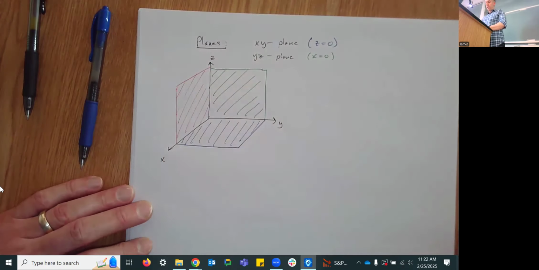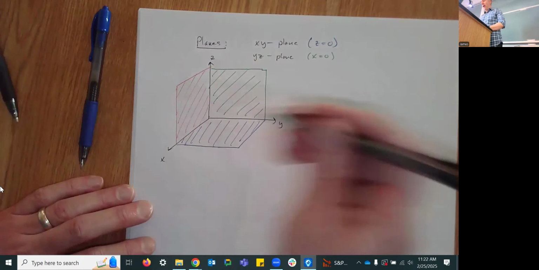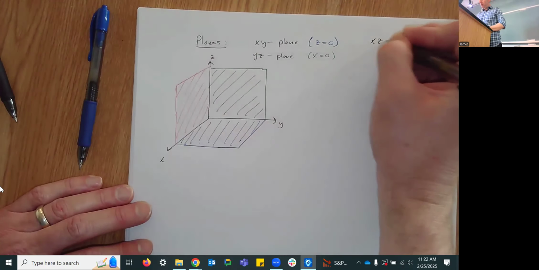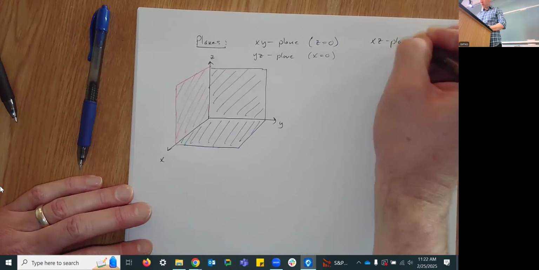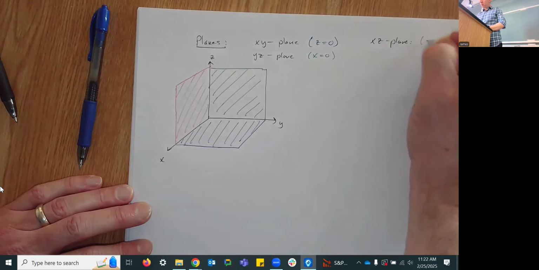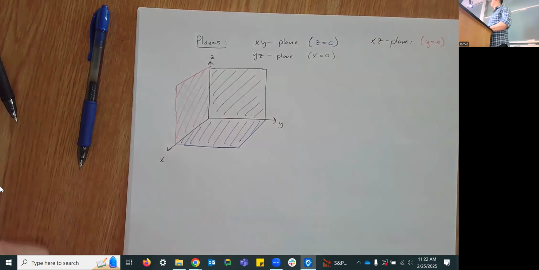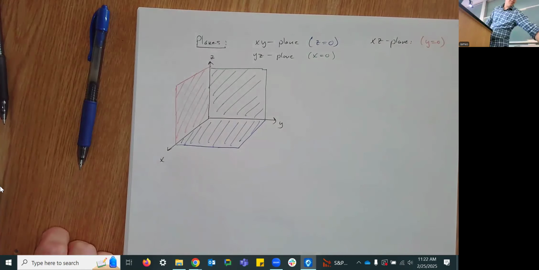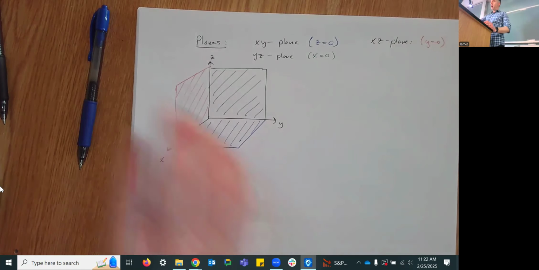For the XZ plane, not surprisingly, Y is equal to 0. Now, there's lots of other planes, right? These are not the only planes, but these are the coordinate planes we talk about. And they're kind of important sometimes.